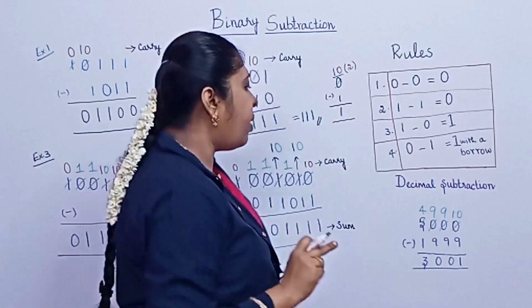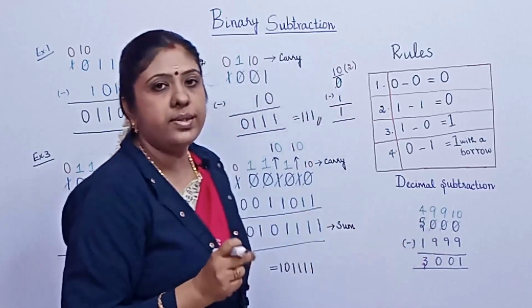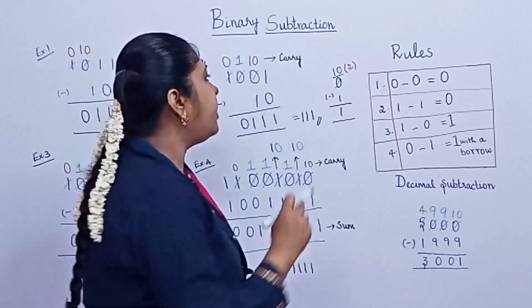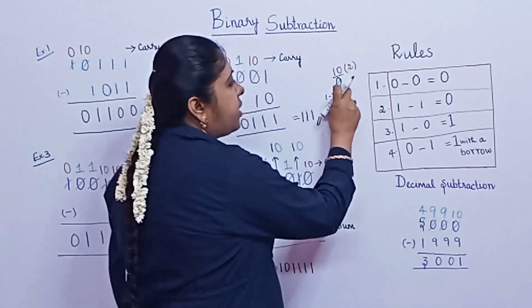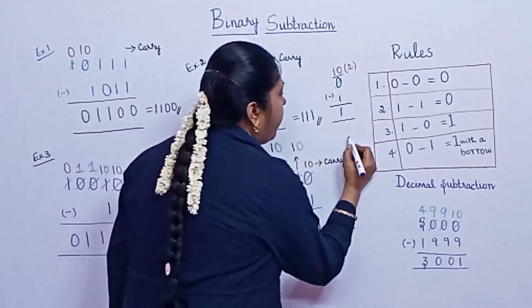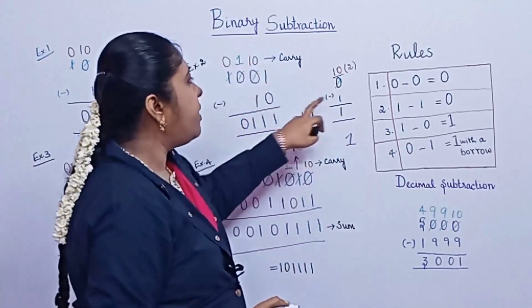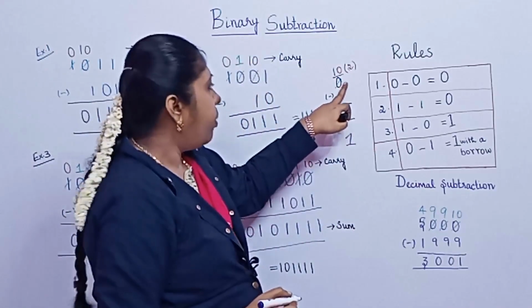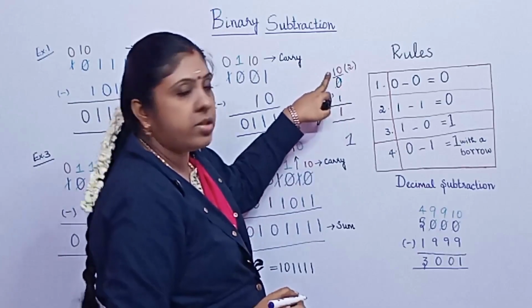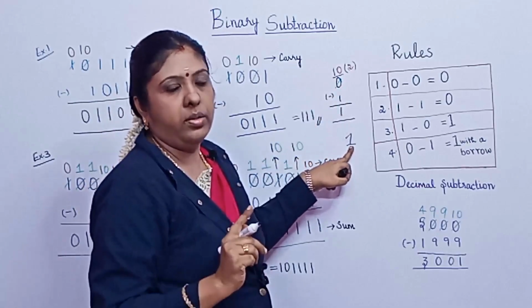And then the next point. In decimal we discussed that the passing zeros become 9. Here in binary, when passing zeros occur, they turn to 1. That is, the digit receiving the borrow gets 10 and then the passing zeros turn to 1.